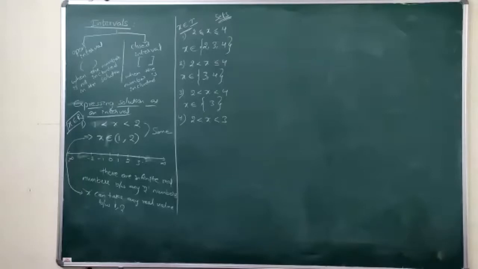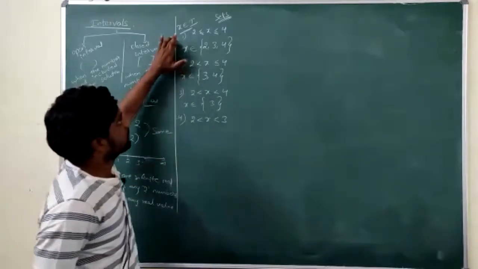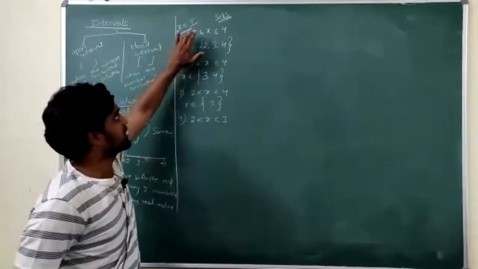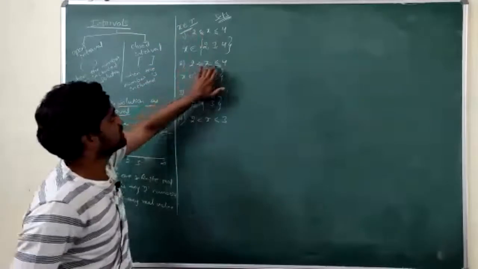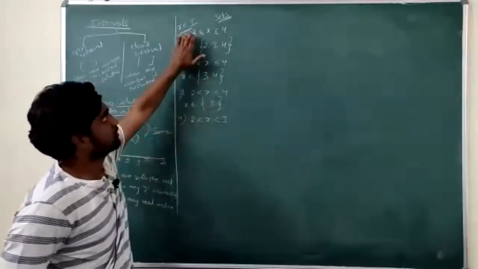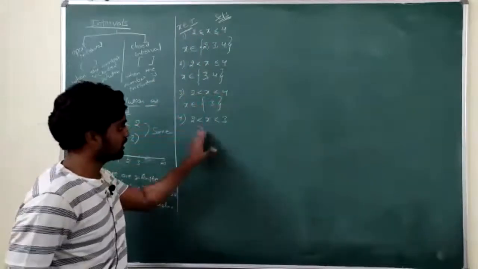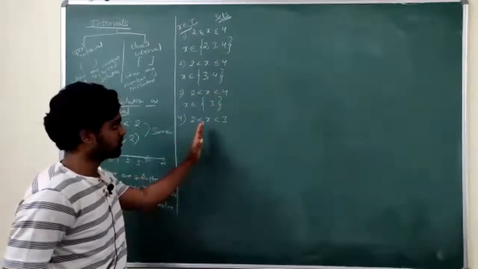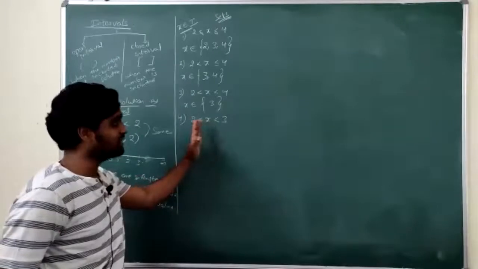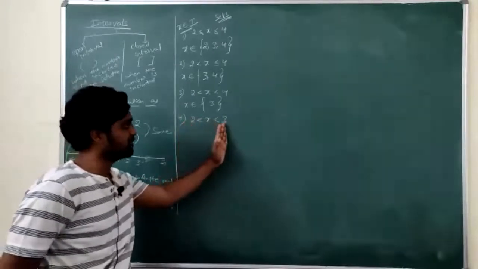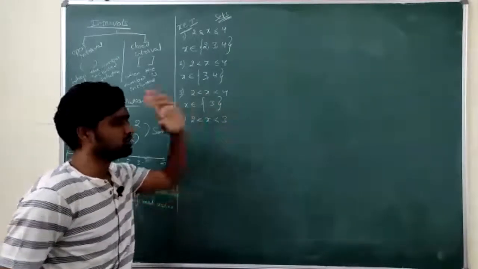What does this mean? What are the integers present in between 2 and 4, including 2 and 4, including 4, not including 2 and 4? Here, what are the integers present in between 2 and 3, not including 2 and 3?